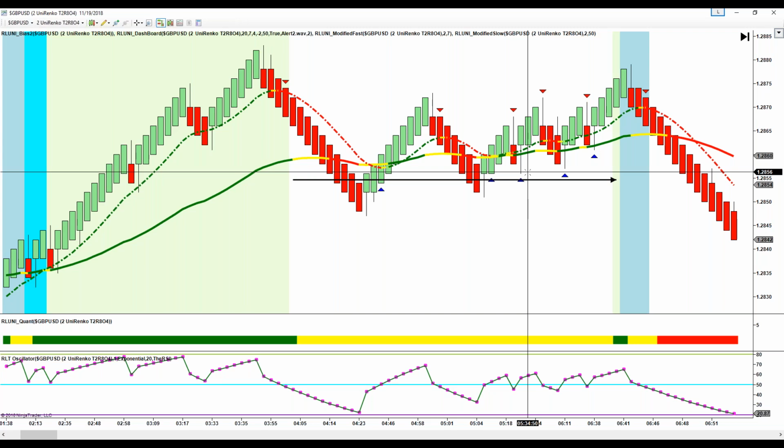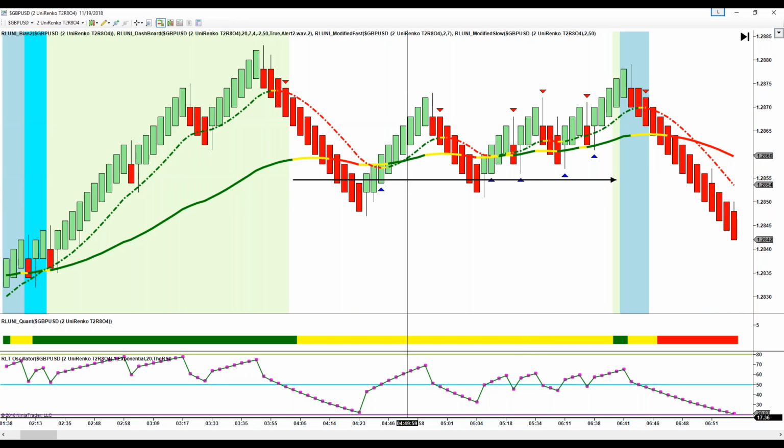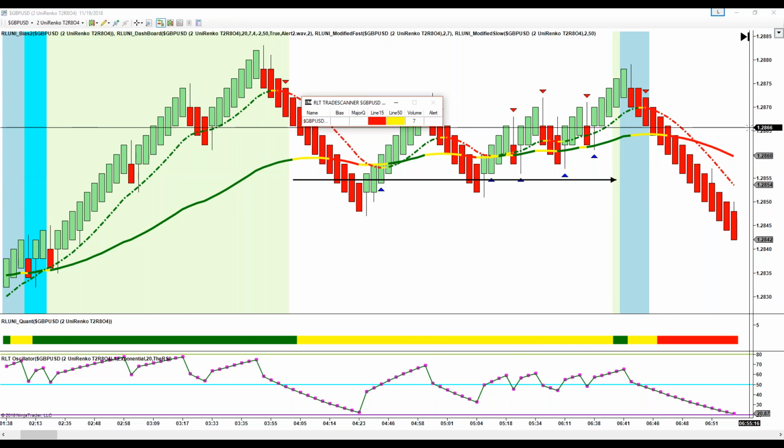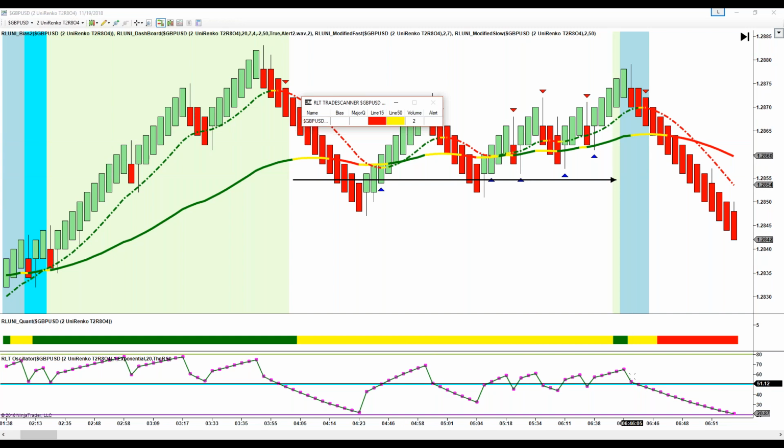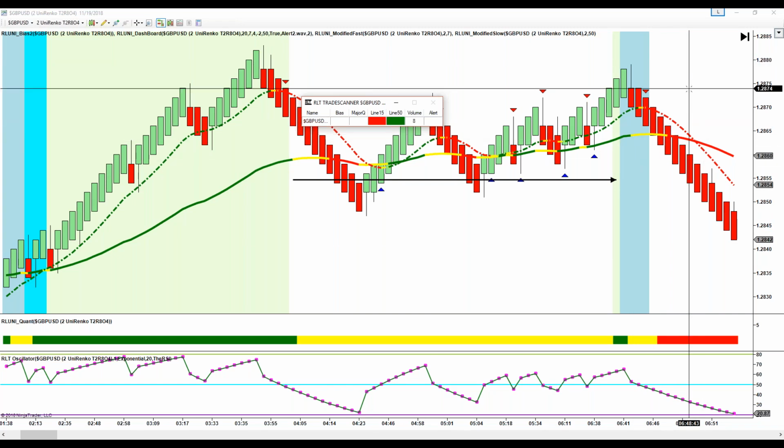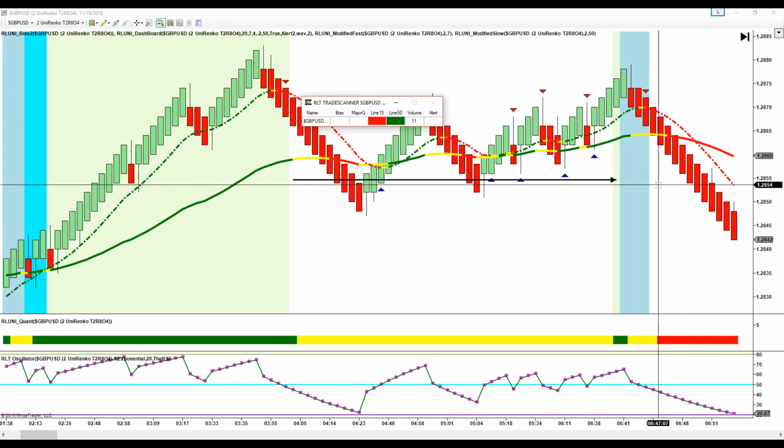The thing is that when you get a signal, when the analyzer gives you an alert and you open the chart, just check where the oscillator is. If it's a long move and you already have a long oscillator signal, you won't get it. I'll just close it. If it's a short move and the short signal's already hit, you're not going to get it.